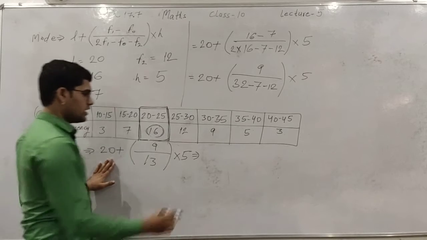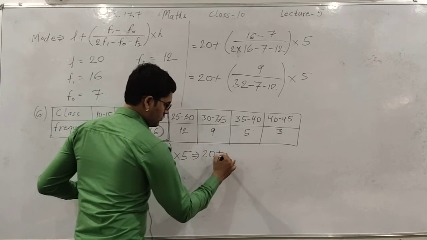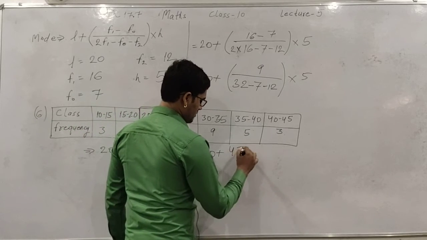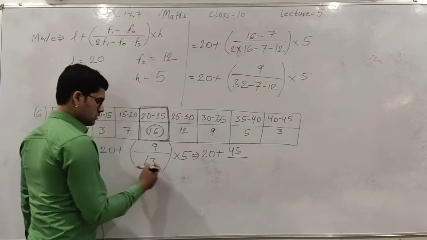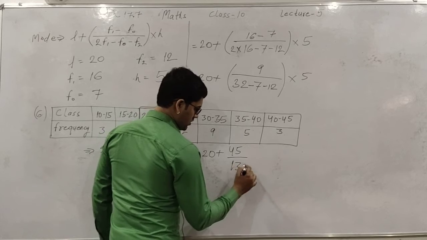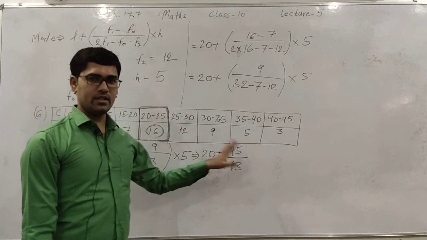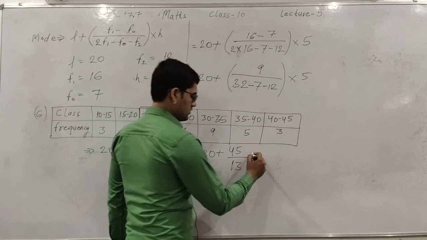Now 20 plus 9 into 5 is 45 upon 13. You can solve this by using the LCM, or you can directly solve it by division.